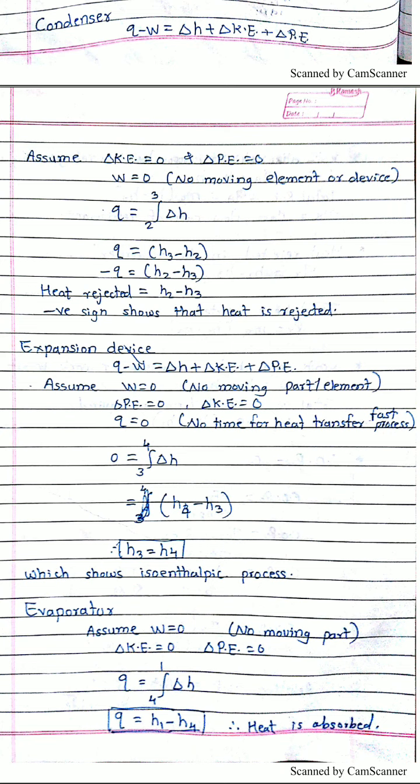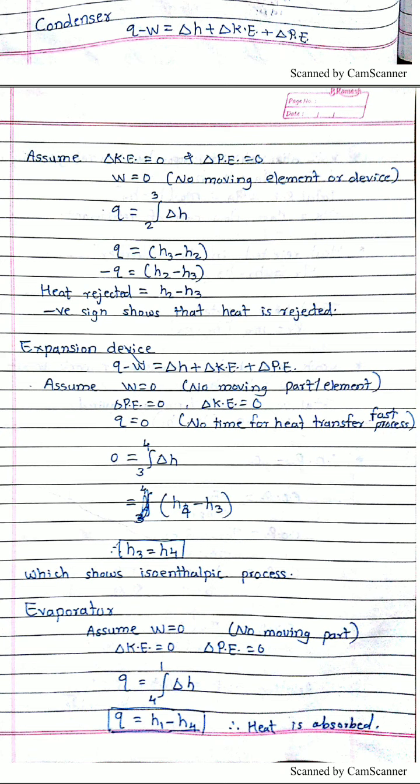So if we put these values in the steady flow energy equation, Q is 0, minus W again 0, is equal to delta H plus 0 plus 0. So the equation becomes 0 is equal to delta H, but this process is limited to the process 3 to 4.